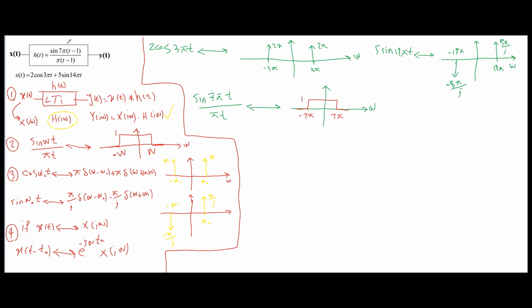However, if you look at the impulse response, sine of 7 pi t is shifted by 1 unit in time. So here t0 equals 1, and based on the time shift property, we must multiply by e to the power of minus j omega in order to obtain H of j omega.